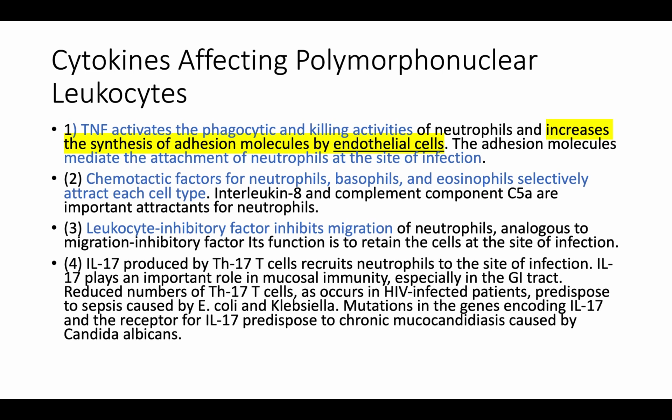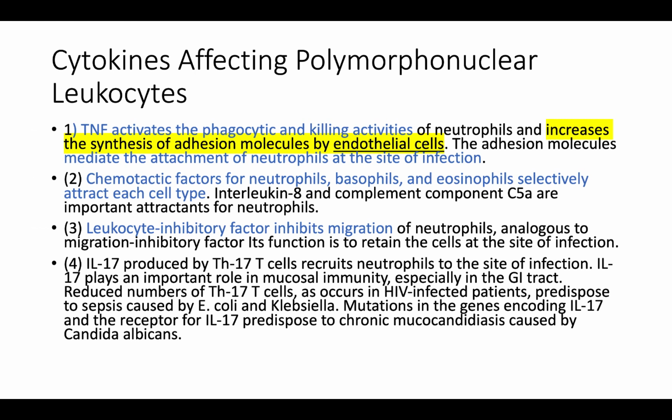Cytokines affecting PMNCs, for example leukocytes: tumor necrosis factor activates phagocytic killing and activities, we know this, and increases the synthesis of adhesion molecules to improve adhesion to endothelial cells, mediating attachment.